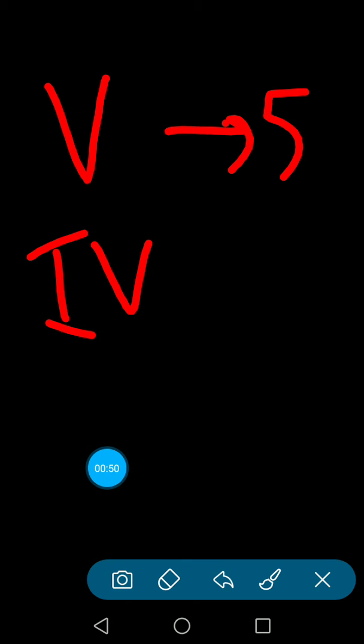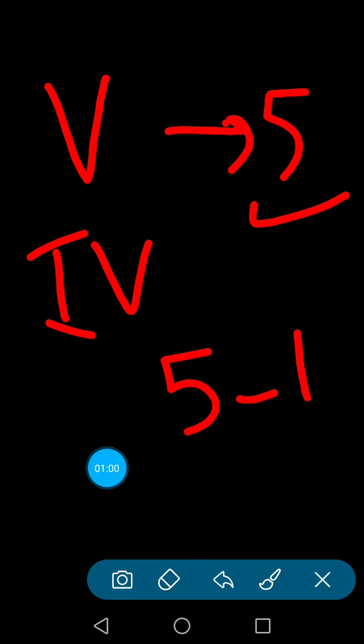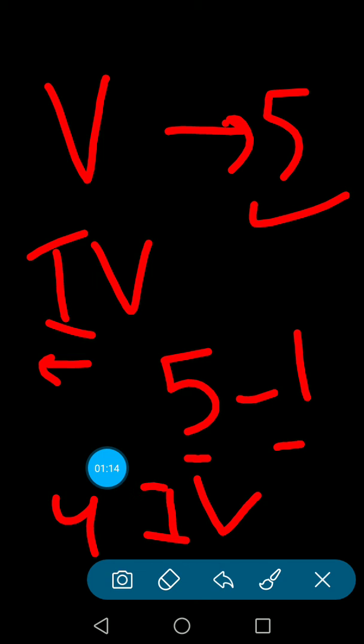It's meant 5 minus 1, because V is 5. When I write I before it, it means that I will subtract 5 minus 1, which equals 4. So to express 4, I will write V and before it I. Okay?